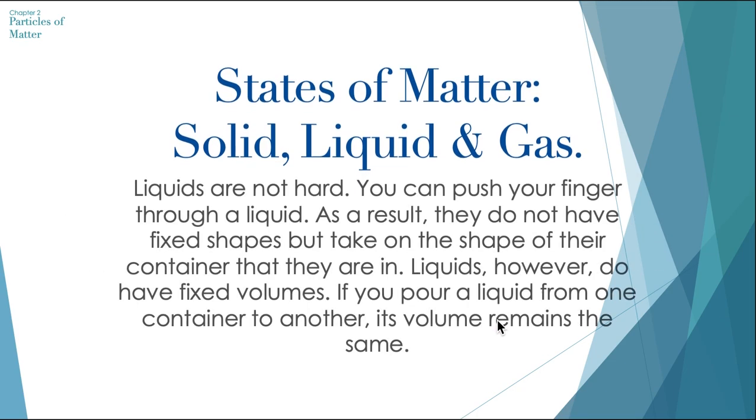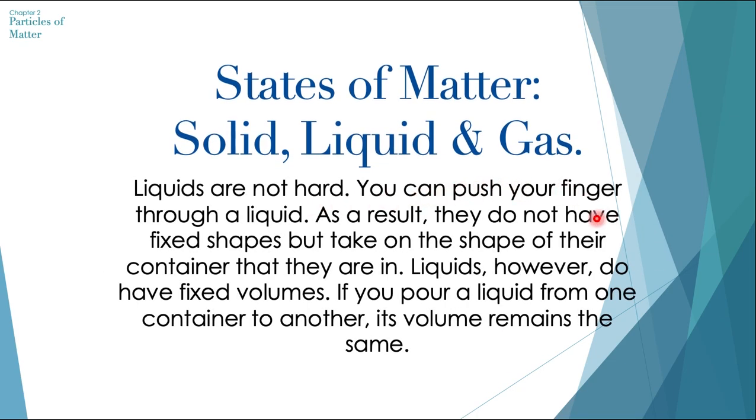Liquids, on the other hand, are not hard. You can push your finger through a liquid, and as a result, they do not have a fixed shape either, but take on the shape of the container that they are in. Liquids, however, do have fixed volumes, so if you pour a liquid from one container to another, its volume remains the same.